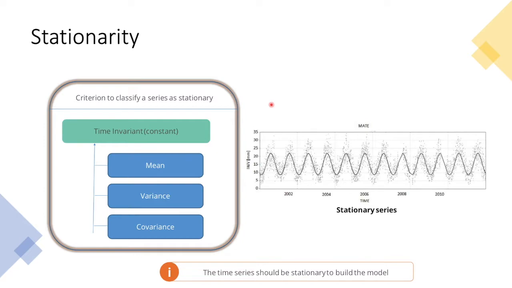In other words, it has constant mean, variance, and covariance, and all three statistical properties are independent of time. Looking at the plot, we can see this time series data has a constant mean around 15, and the variance is also constant. All those statistical properties are independent of time, so we can conclude this is a stationary series.